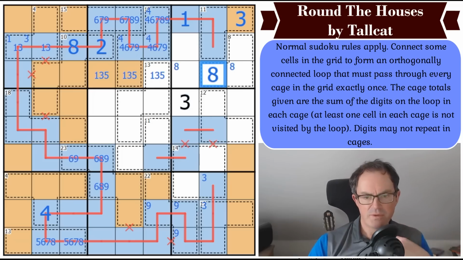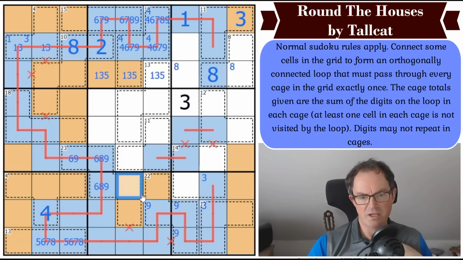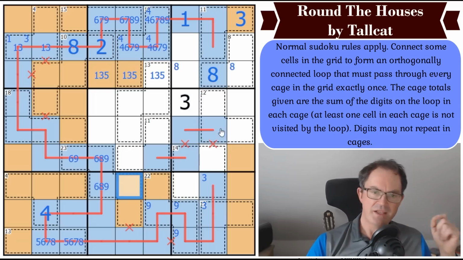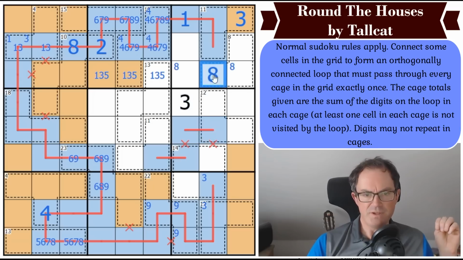The reason I don't think this is on the loop and an 8 is I don't think I can make this column add up anymore. And that's because if this is an 8, this cell is orange now. And that means I can never visit this cell with the loop, because I'd have to re-enter the 12 cage, which means those two squares are both blue.